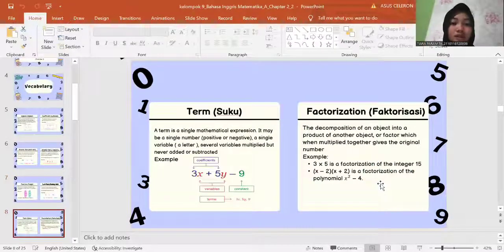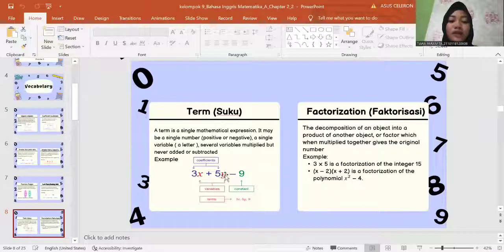Okay, next, term. A term is a single mathematical expression. It might be a single number, positive or negative, a single variable, a letter, or several variables multiplied but never added or subtracted. Example, 3x plus 5y minus 9. The coefficients are 3 and 5.